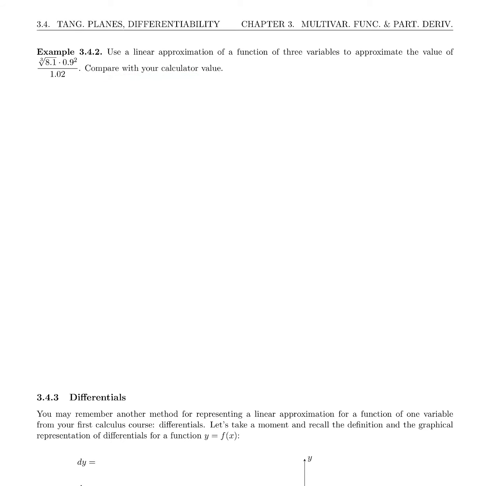Now, in this example, neither the function nor the point of linearization are given to us, so we've got to choose those ourselves. We are going to take a function which looks similar to the expression, so we'll let f of x, y, and z be the cube root of x times y squared over z, which I can express entirely using exponents, so x to the 1/3 y squared z to the minus 1.